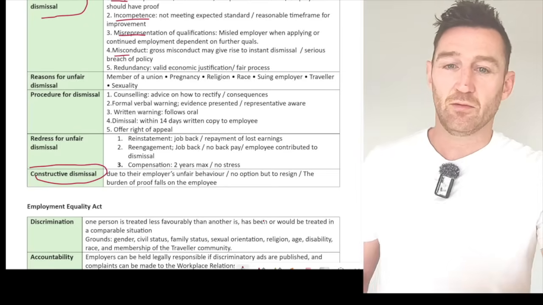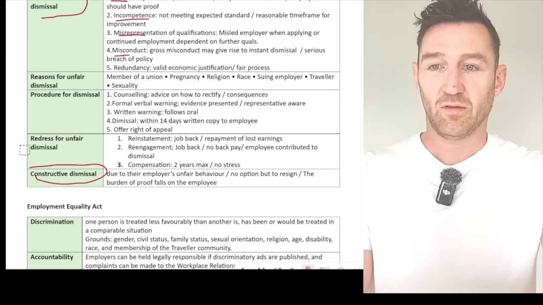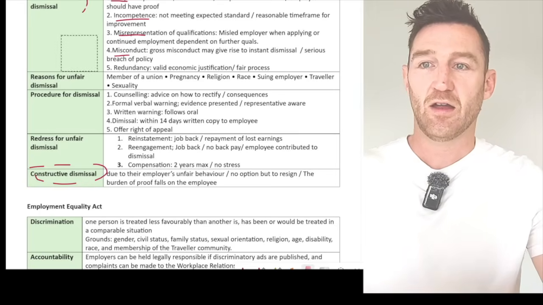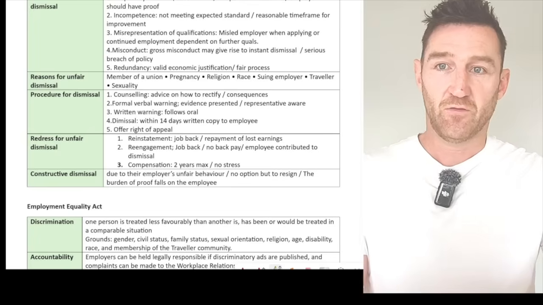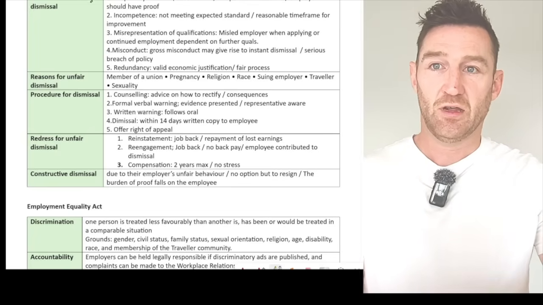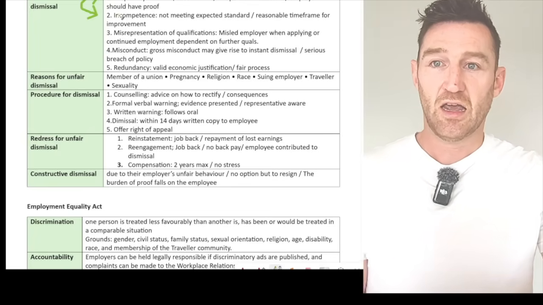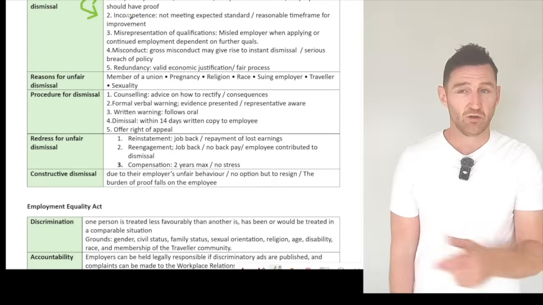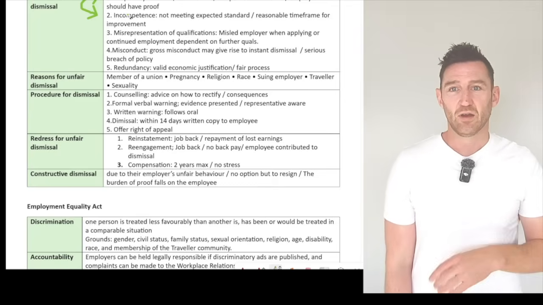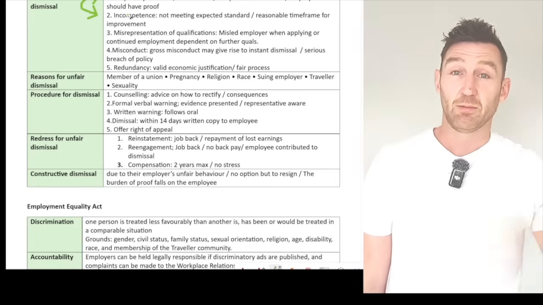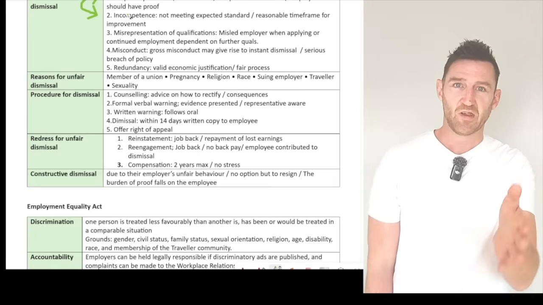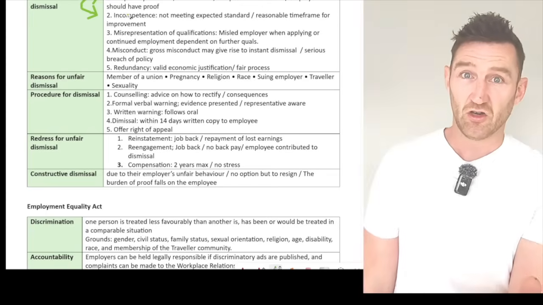Just one thing to be careful of, a lot of students mix this up. If you do see a question on the grounds for fair dismissal, make sure that you do not mix these 2 up, it's a massive trap. Incapability and incompetence, number 1 and 2 there, don't mix them up. Incapability is not that you're incapable of doing your job. Incapability is that you're incapable of presenting yourself in your place of work.